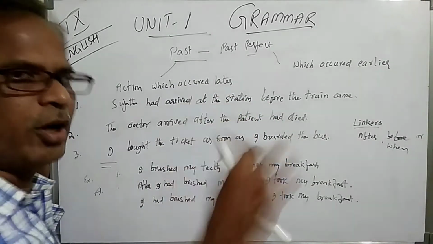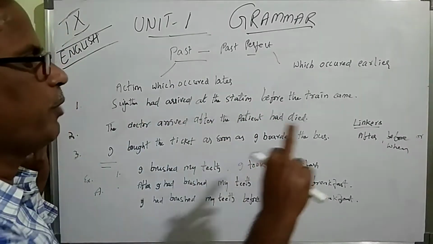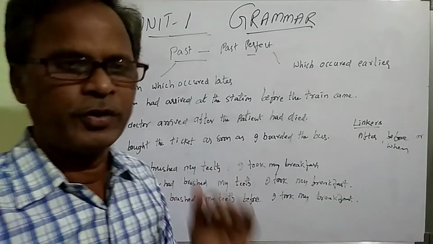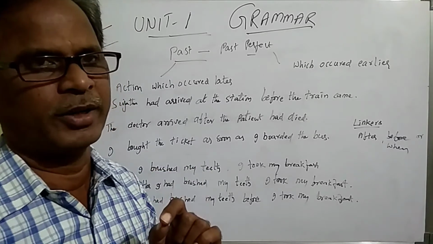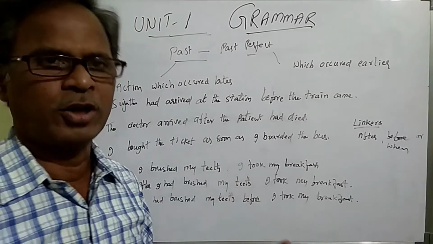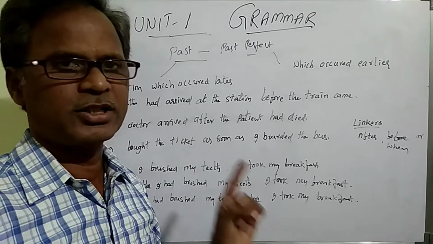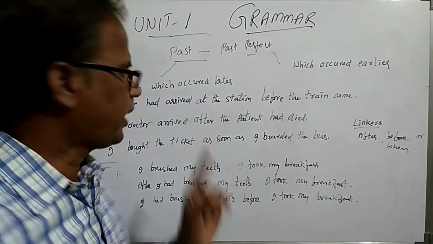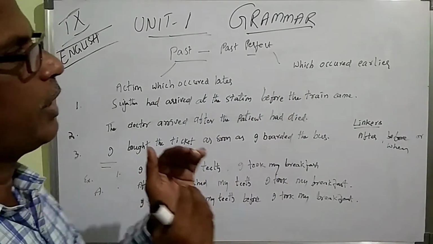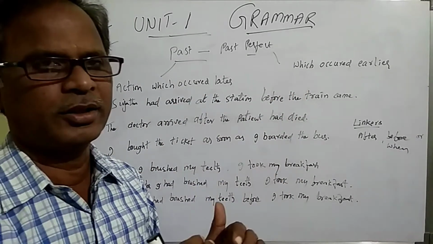Those are in the past. So before using after, before, and when, we have to know some part of this grammar. When both actions are in the past tense, one action occurred earlier.